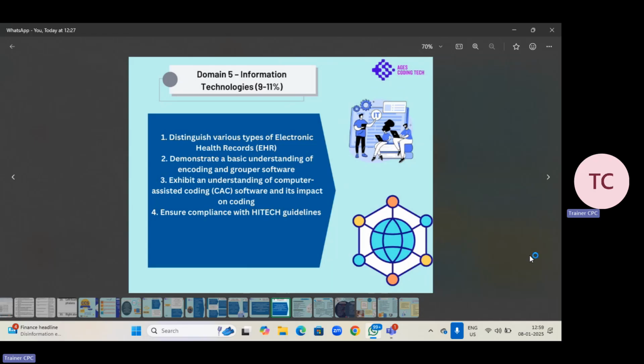So the thing is, we need to take the appropriate codes. It will capture all the possible codes. From that, we need to check whether it is correct or not. So those things will be discussed in domain 5. So this is all about your CCS exam pattern and syllabus.